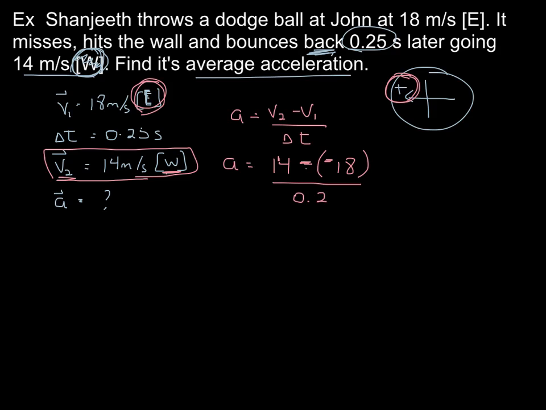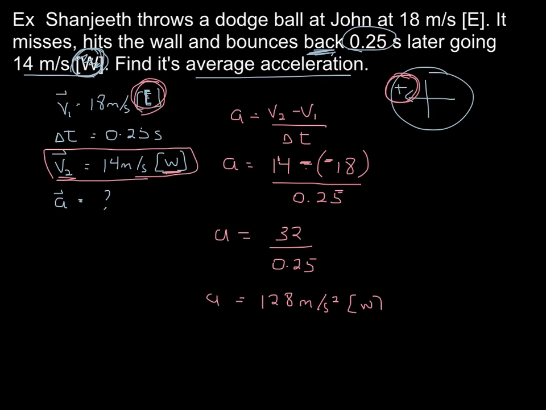Time is a scalar. We don't have to worry about directions or any negative signs there. So 14 plus 18 really is 32 over 0.25. And when we divide that, we get acceleration is 128 meters per second squared.